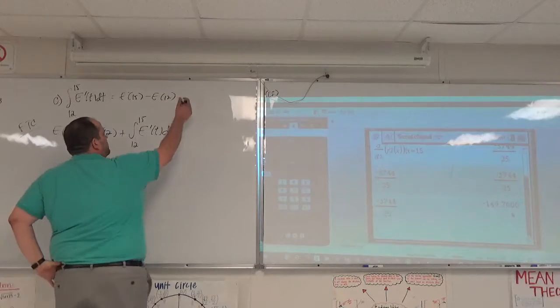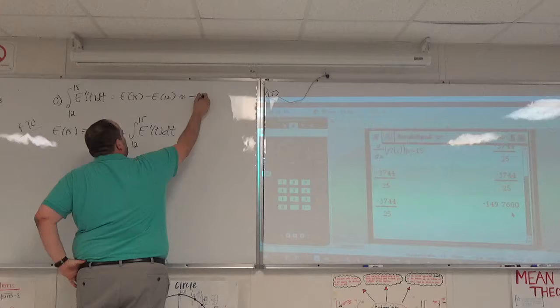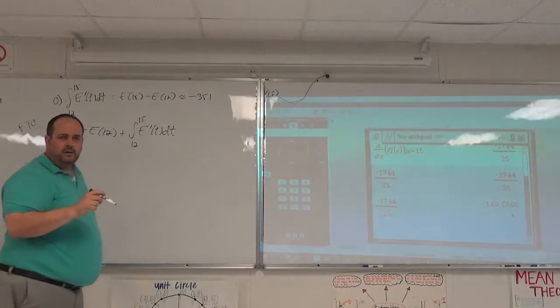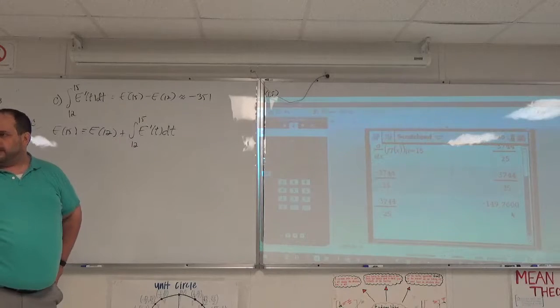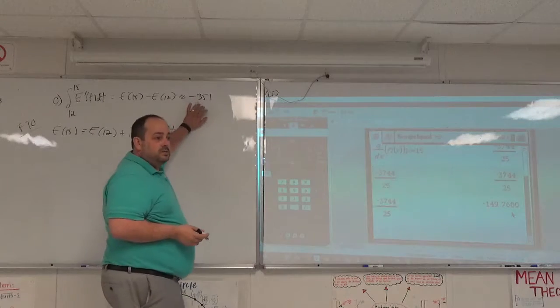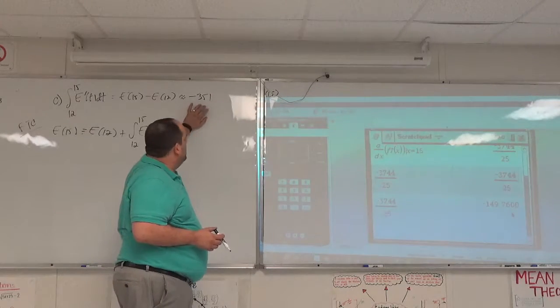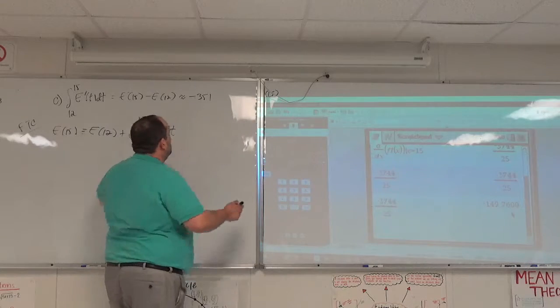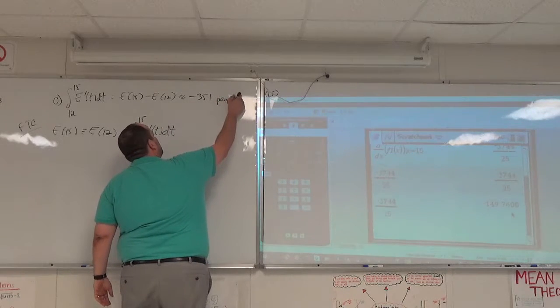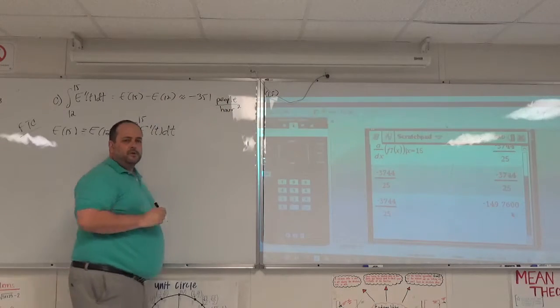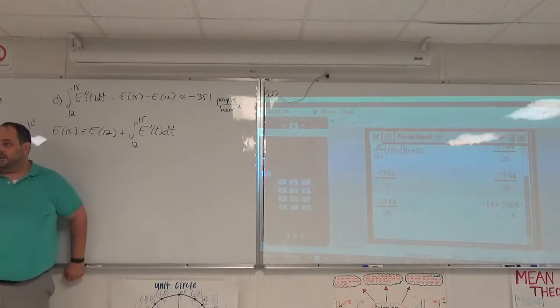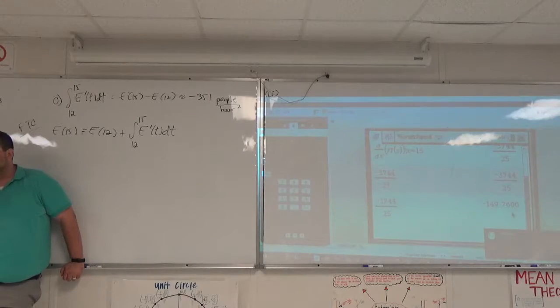And so what are we getting for a number here? Negative 351. Palamon, you had negative 351 as well? Yeah. Are we okay with negative 351? What are the units? People per hour squared? What do we think about the units? People per hour.